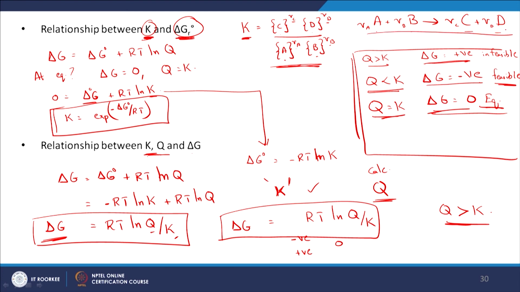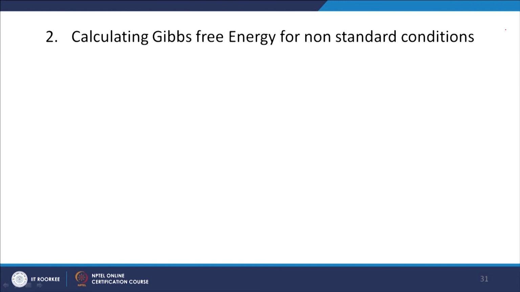So let us try to summarize what we have looked at so far and then wrap it up for this session. We started talking about the calculation of Gibbs energies at non-standard conditions. In the previous classes we talked about how to calculate at standard conditions. How did we calculate that?